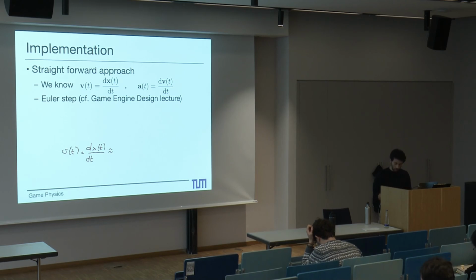So we assume that our dx is actually a delta x and dt is actually a delta t, like two finite quantities. And what we get is that we take the position at a given time, we subtract the current position, and we divide by dt, which is the distance between the two instants that we are considering.